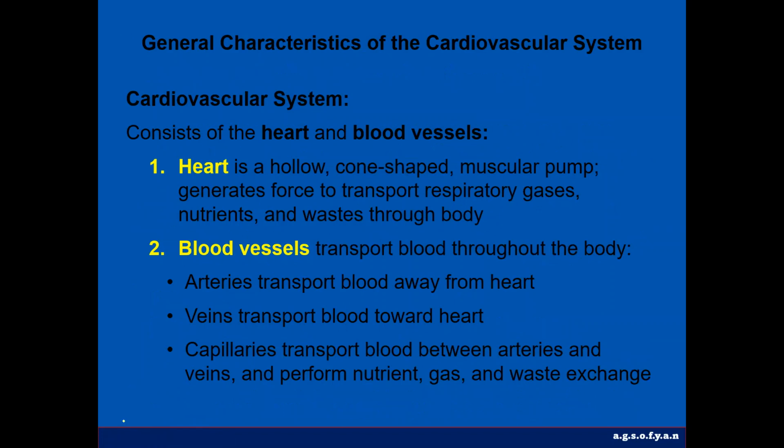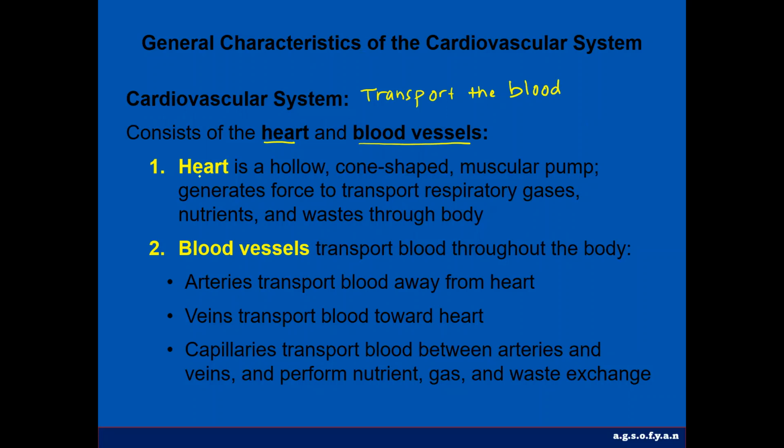Okay, the cardiovascular system is the system that consists of the heart and the blood vessels. The main function of the cardiovascular system is to transport the blood to our body organs or tissues.